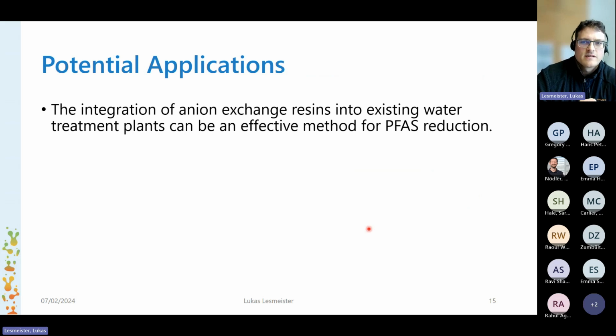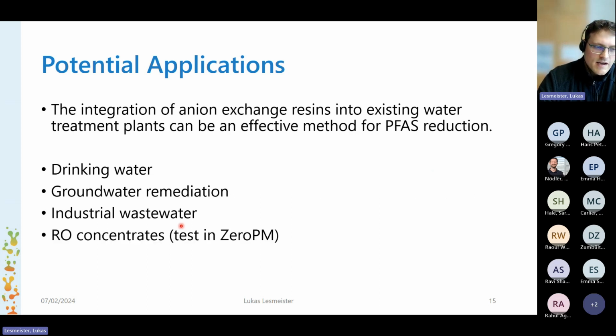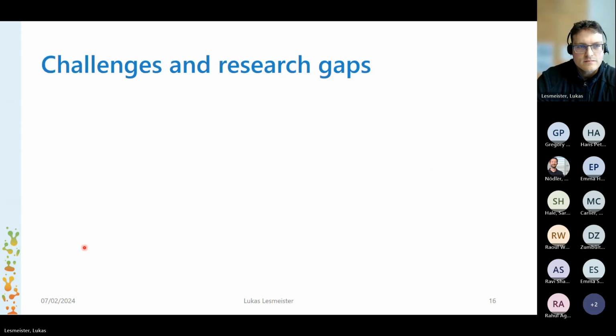So potential applications: I was focusing a lot on drinking water here. That is probably the nature of working for a drinking water institute. But for the sake of completeness, we also have anion exchange applications in groundwater remediation and in treatment of industrial wastewater. And what we also want to test within ZeroPM is treatment of reverse osmosis concentrates.